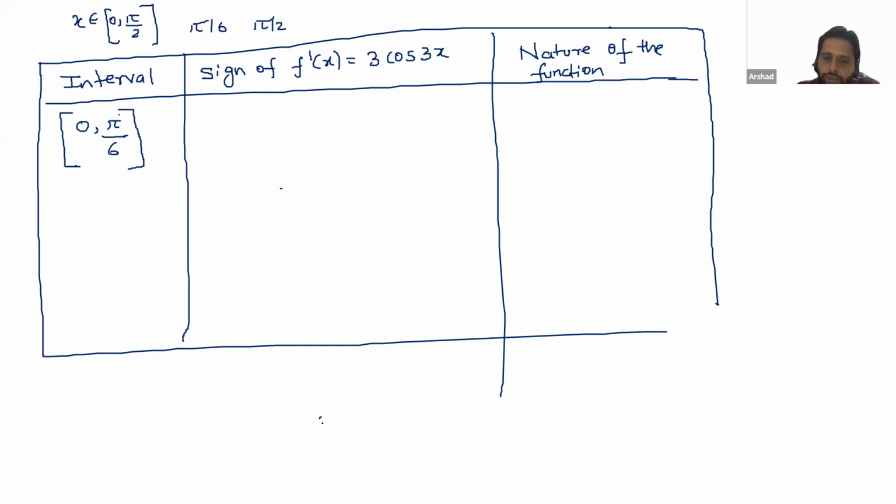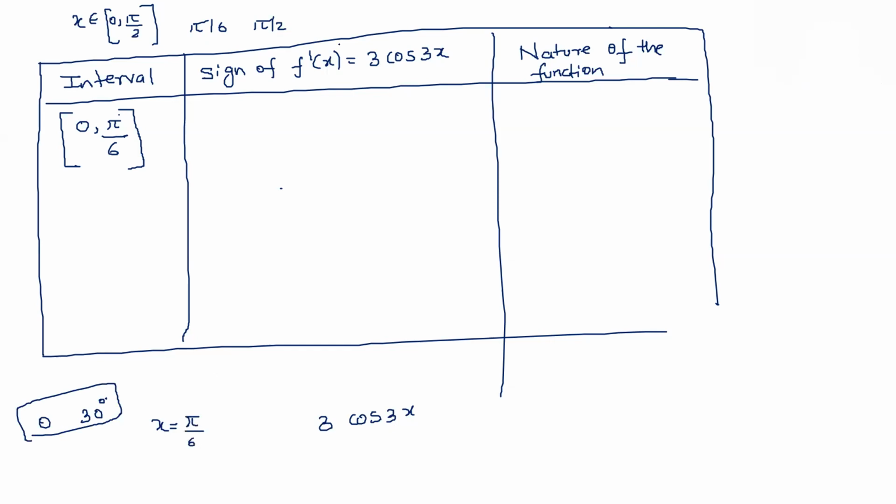We have this function 3 into cos 3x, with x between 0 and pi by 6. Please tell me an angle between 0 and pi by 6, which means 0 and 30 degrees, which we can put here to find the value. 15, that's great.